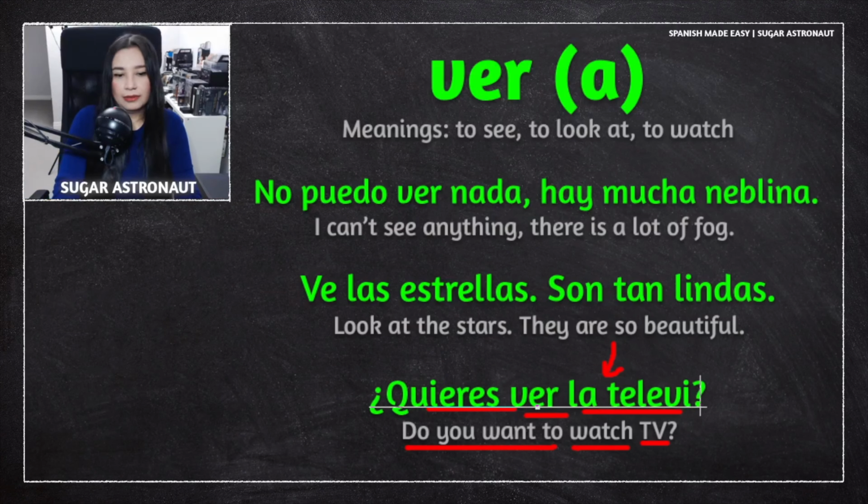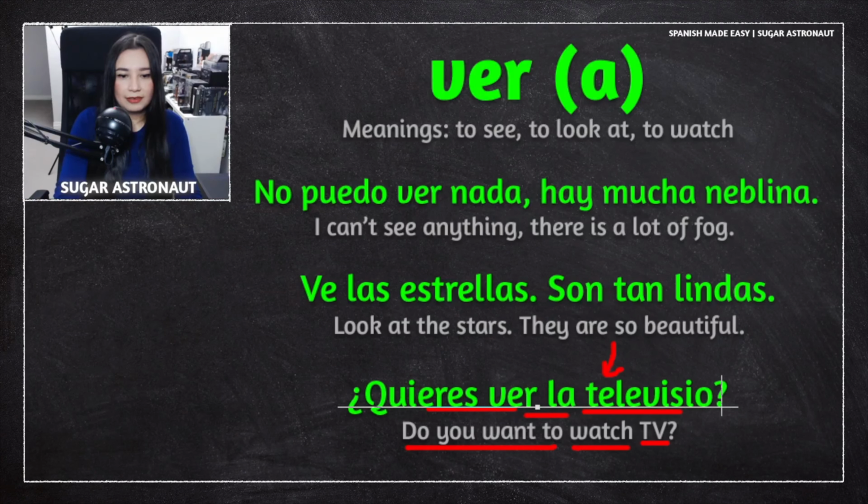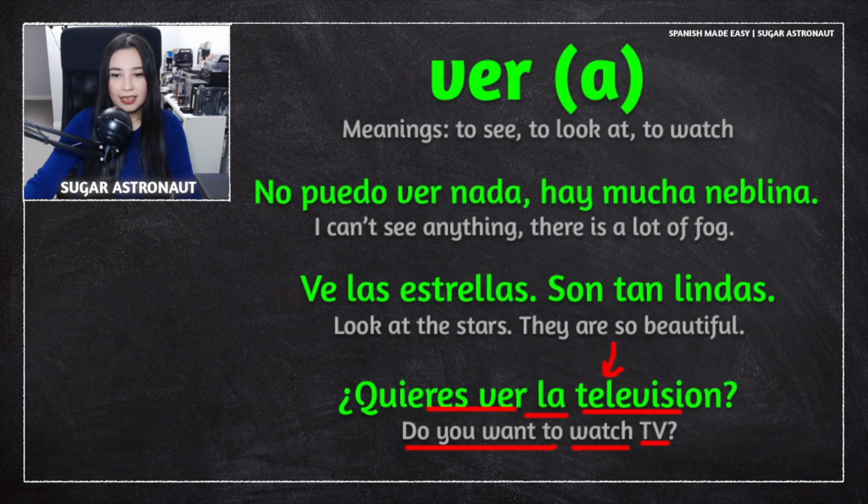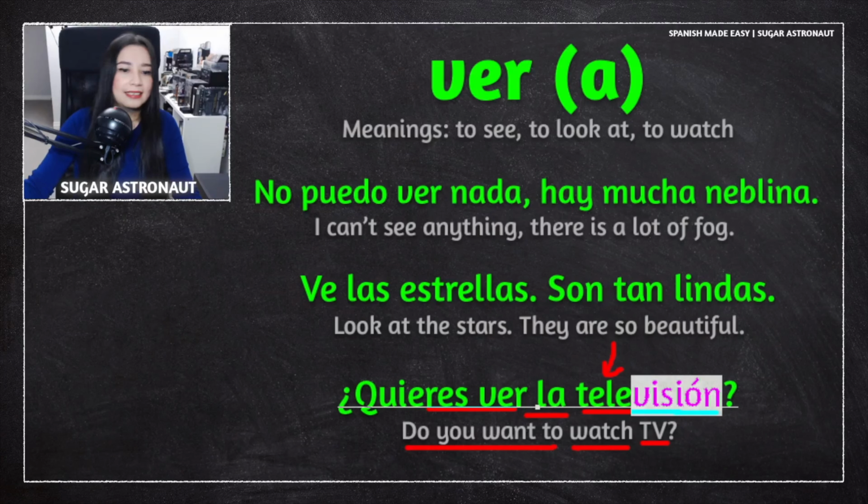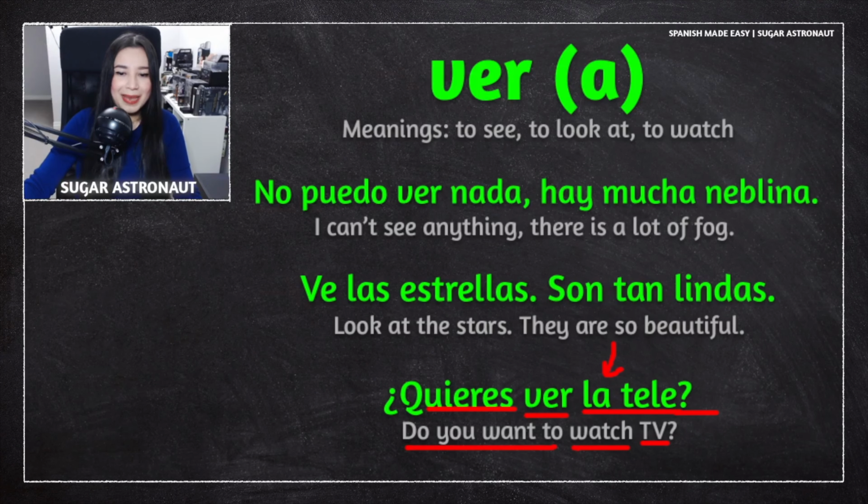Now, you can also say televisión, the whole word, and that means television. Just don't forget to add the accent mark on top of the letter O because it needs it. ¿Quieres ver la televisión? That's quite long. So if you want to sound more natural, you can say tele. Okay, ¿quieres ver la tele? Do you want to watch TV?